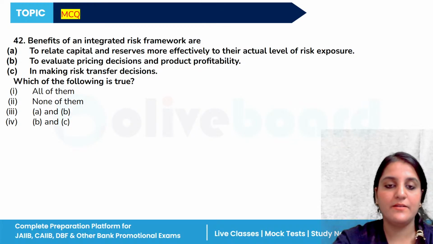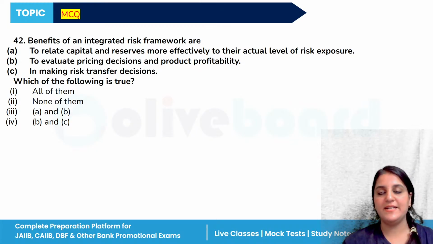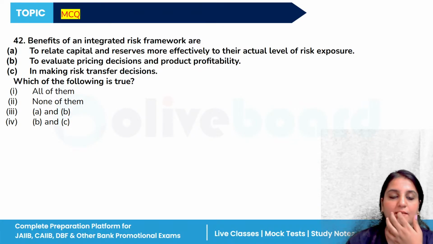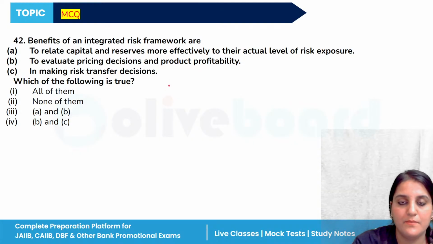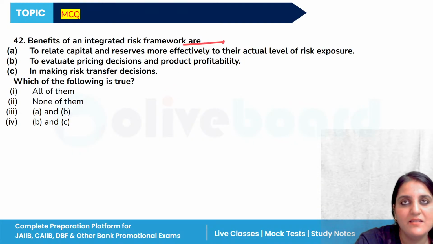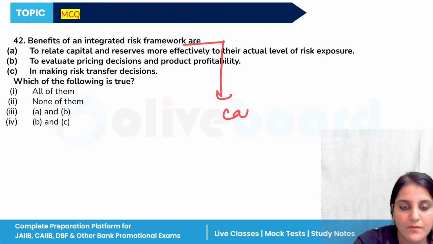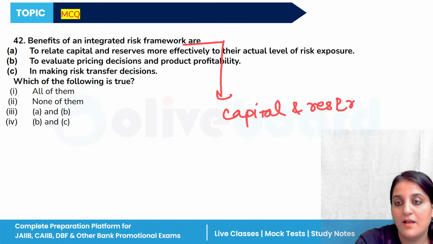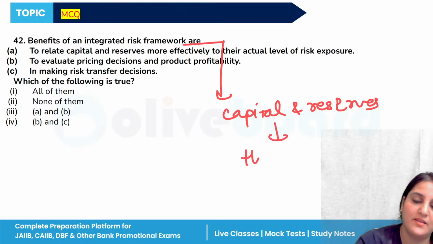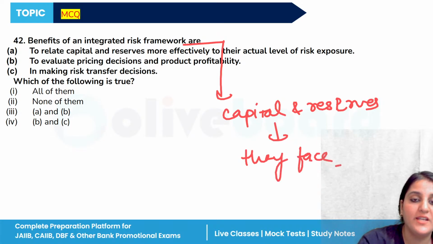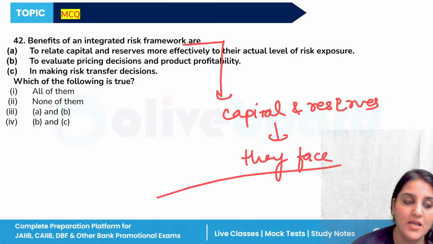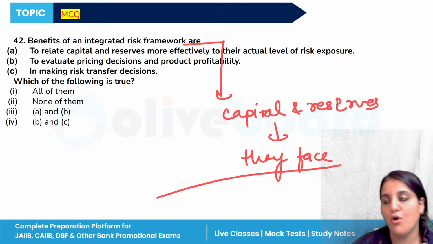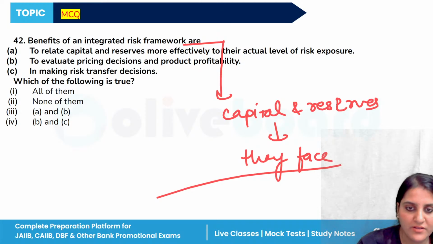And the integrated risk framework is helping in aligning the capital and reserves with the actual risk they face, and also ensuring that they are adequately capitalized to cover all the types of potential losses.